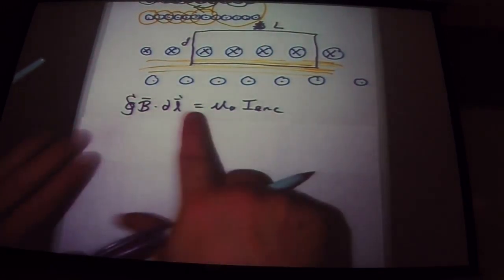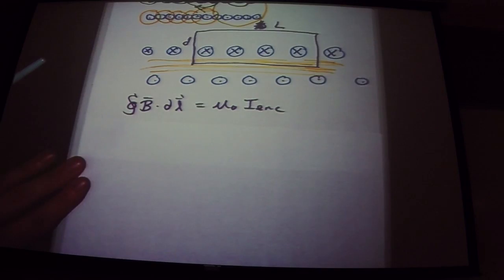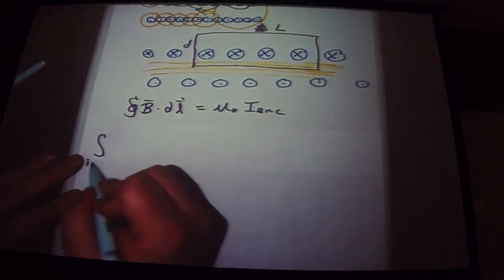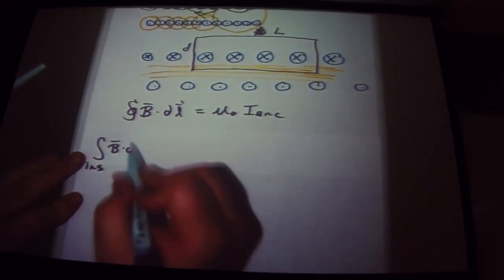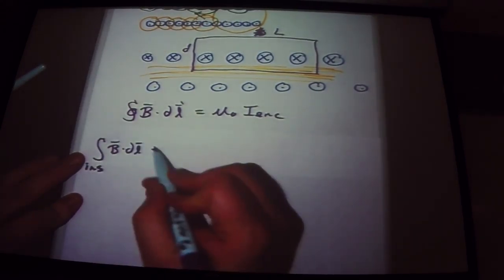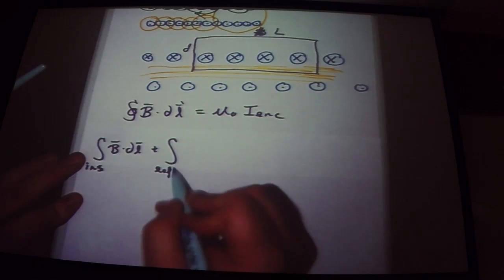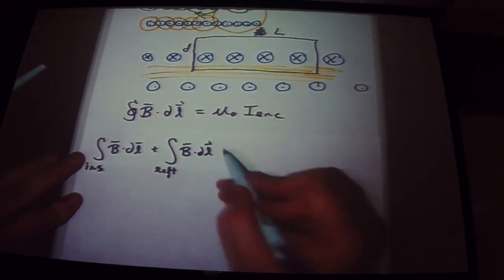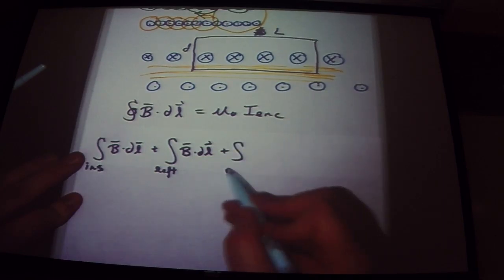So when I integrate around the loop, I have 4 regions in which I'm going to integrate. I want to integrate on the inside of B dot dl. I want to integrate along the left B dot dl and the right of B dot dl.